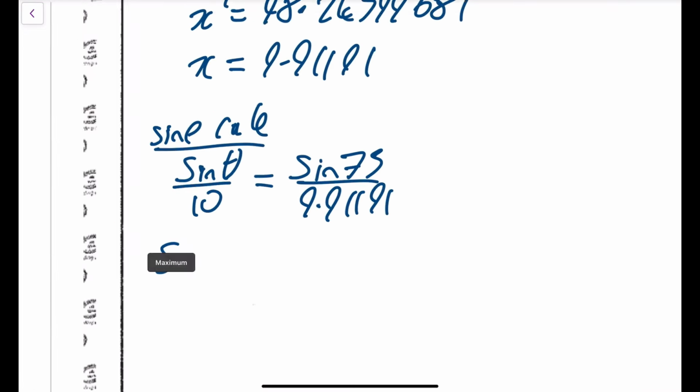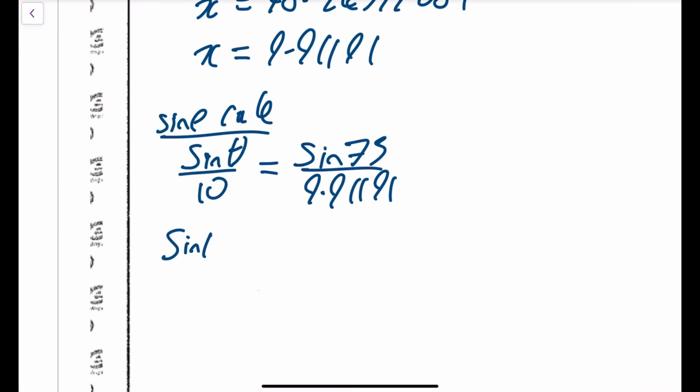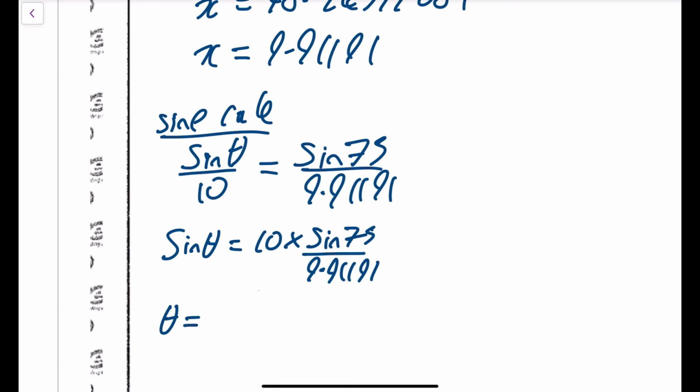Multiply across by the 10, so sine theta will be equal to 10 times sine of 75 over 9.91191. Instead of firing that into your calculator, theta is equal to sine to the minus 1, and your calculator is good enough to do this using a wee bit of brackets and so on.